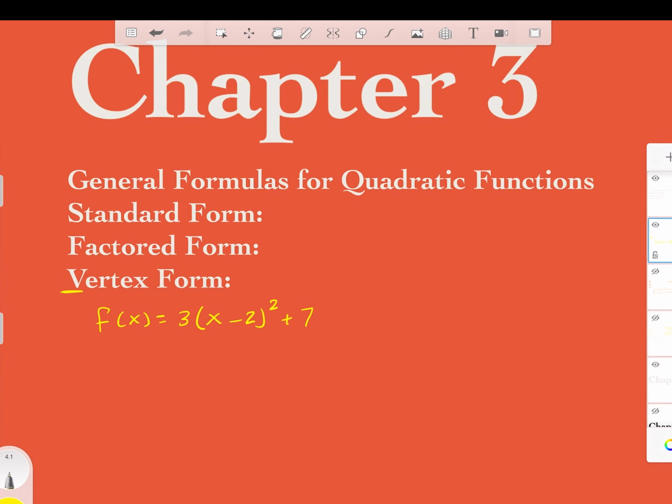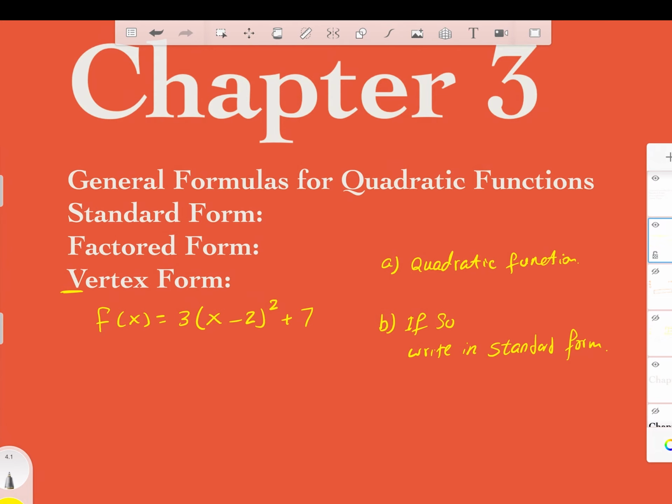So my first question is, A, is this a quadratic function? B, if so, write it in standard form. So there are two questions here.